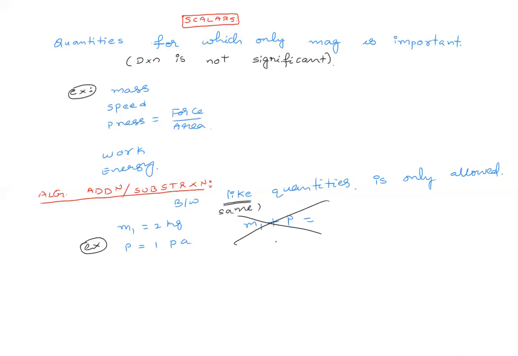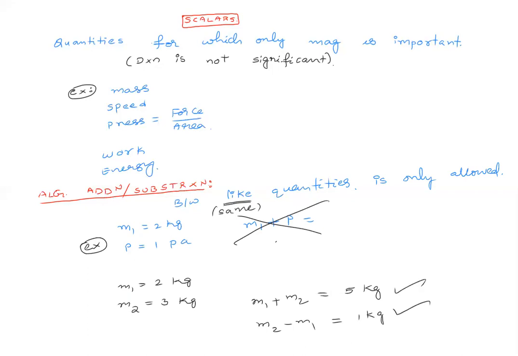So instead you can add m1 equal to 2 kg and m2 equal to 3 kg. m1 plus m2 gives 5 kg, and m2 minus m1 is equal to 1 kg.